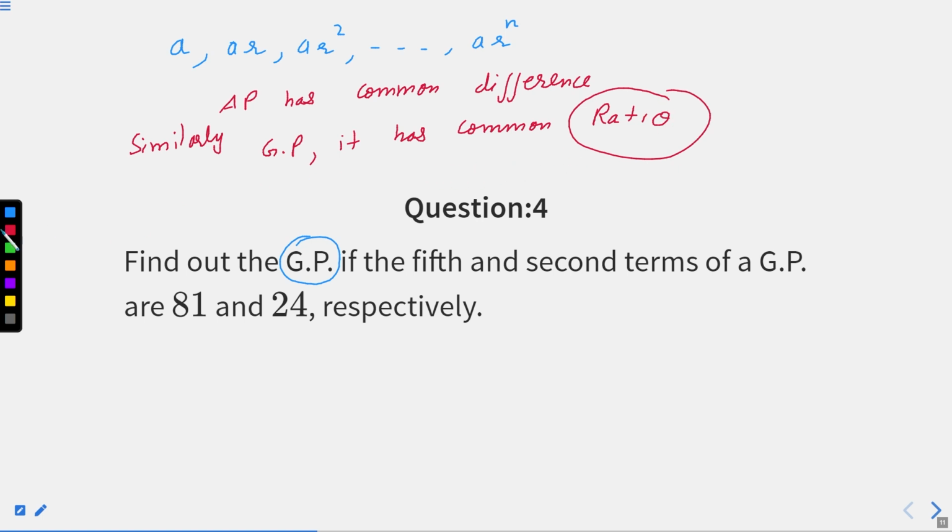What do I mean by that? It means that if I choose any two consecutive terms and try to find the ratio, this one to this one, AR squared by AR, which is equal to R. So whenever you take two consecutive terms and divide the second term by the first term, you will always get R as your common ratio.